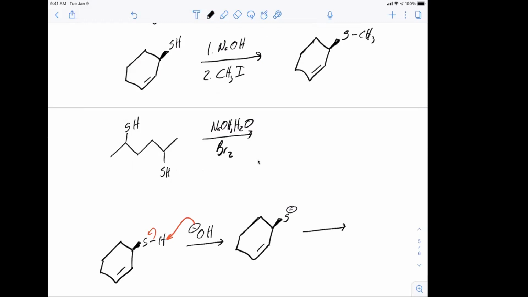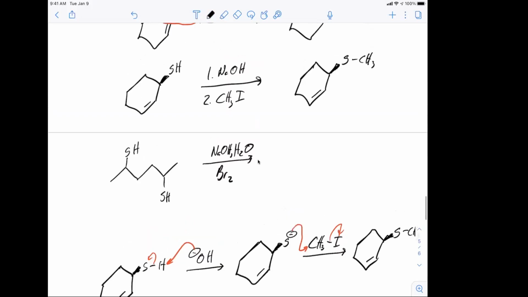Then in the next step, that's where we get the methyl iodide. And so then the sulfur is attacking the carbon. That's where we would get the inversion, not at the carbon to sulfur at the beginning. And so we retain that one because we've never broken it. All right. Okay, but we get the sulfide.